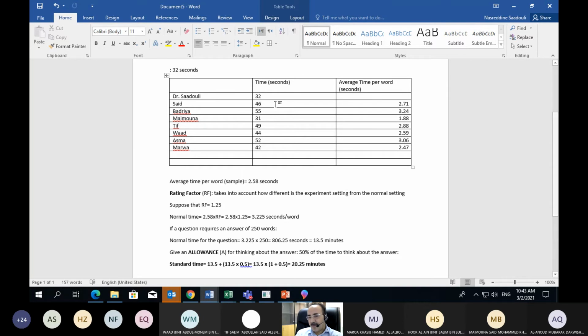Now, some of you might say, what's 2 or 3 seconds, what difference will that make? Well, when you're talking about questions that have 200 words and 250 words, even fractions of seconds start adding up.